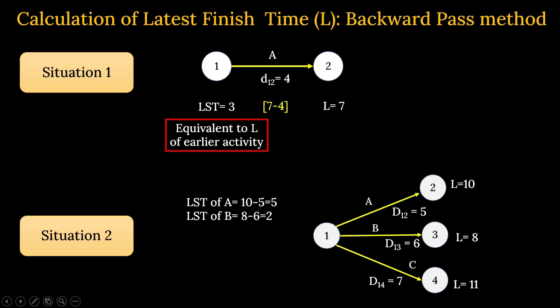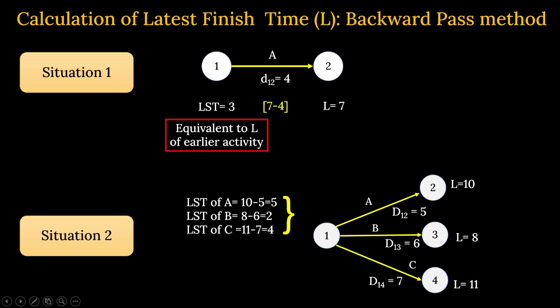Similarly, latest start time of B is 8 minus 6, equal to 2, and latest start time of C is latest finish time 11 minus 7, equal to 4.